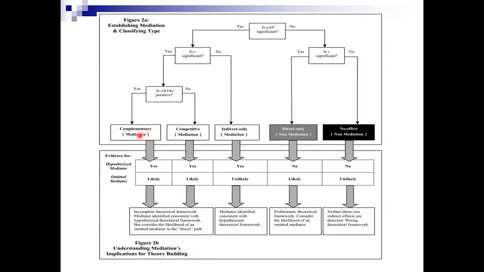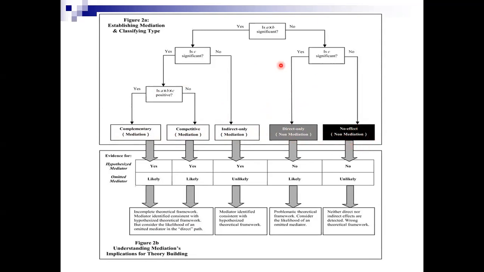On these boxes here, you have complementary mediation, competitive mediation, indirect only mediation, okay? So this side is dealing with mediation. But on this side, the possibilities are only 2. You have direct only, that's non-mediation. And then you have no effect, non-mediation also.